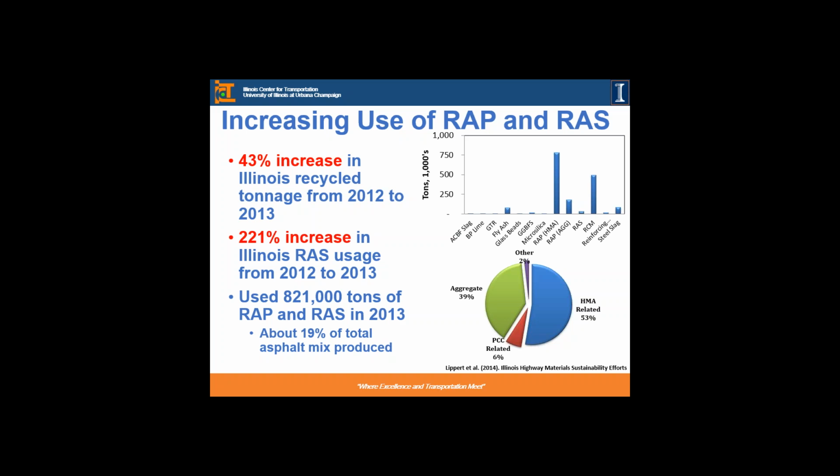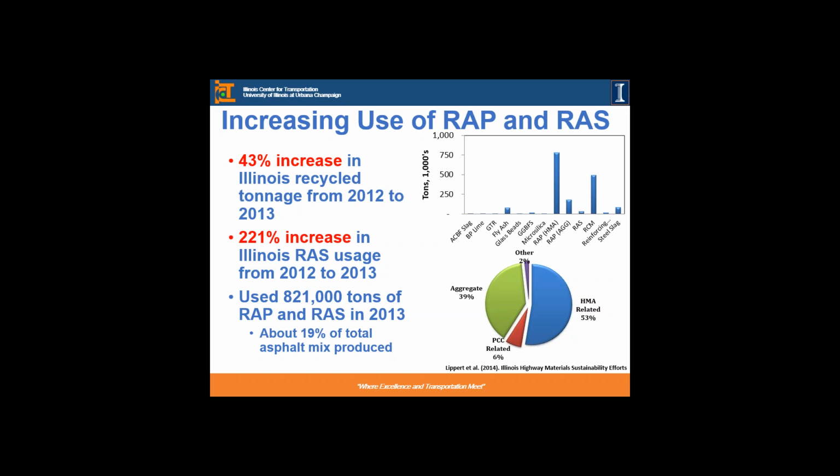There is a dramatic increase in the statistics of the usage of RAP and RAS: a 43% increase in tonnage from 2012 to 2013 for the RAP, and more than a 200% increase in the RAS usage from 2012 to 2013. You can see the dramatic jumps, and in total we are using a little shy of 1 million tons of recycled materials, including RAP and RAS, in 2013.